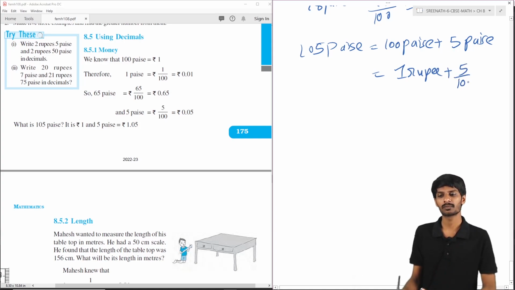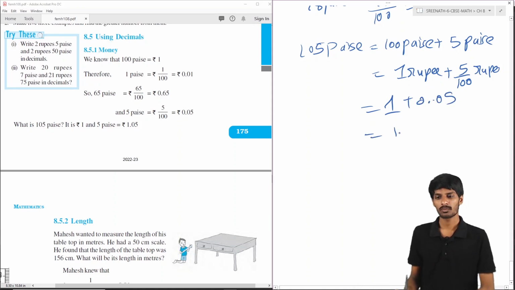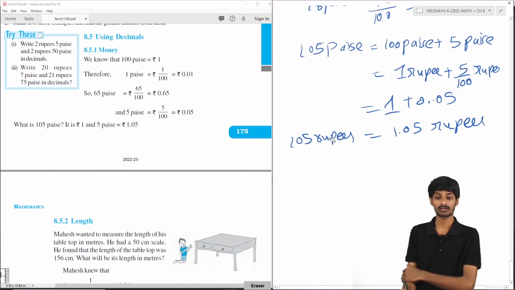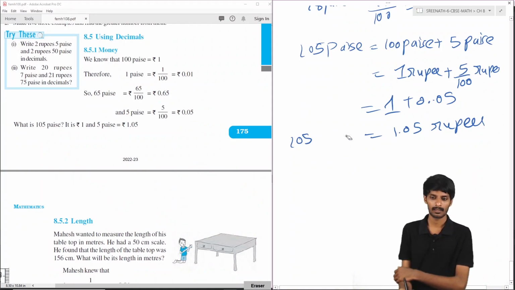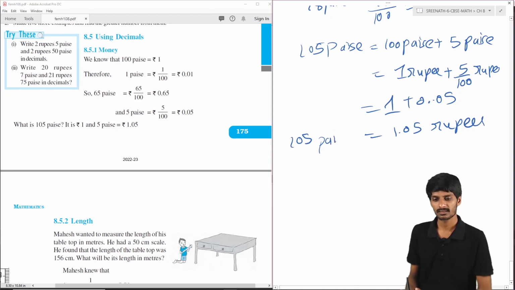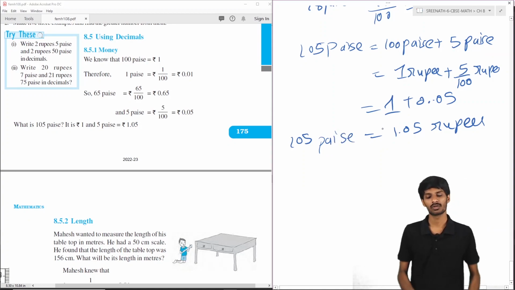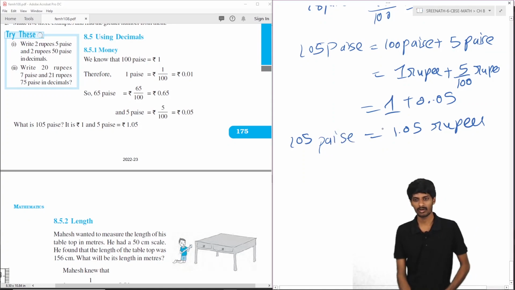That is 5 by 100 rupees, which is 0.05. So that is 1.05 rupees. So 105 paise means 1.05 rupees. Like that you have to do the task, students.